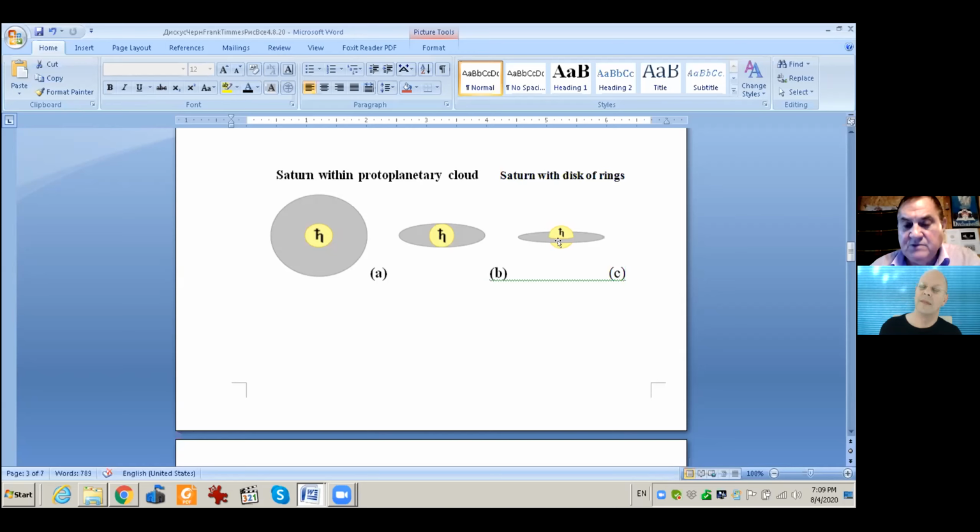So it's just due to the interaction of the diamagnetism of particles and the magnetic field of Saturn. Now we can stop this and go back.